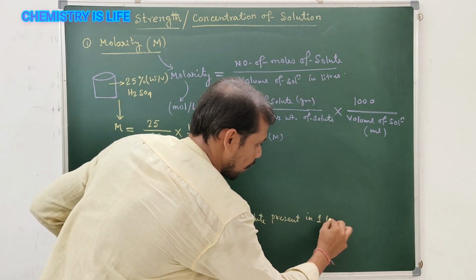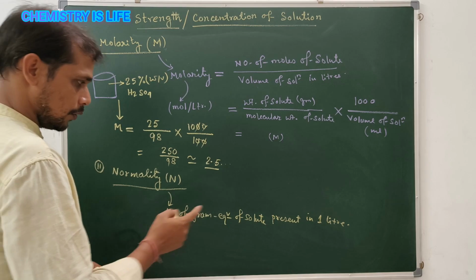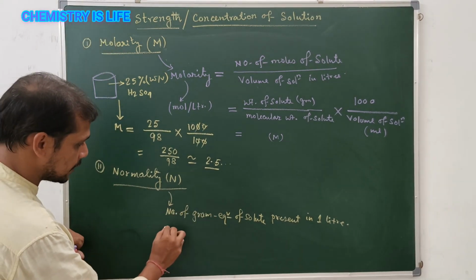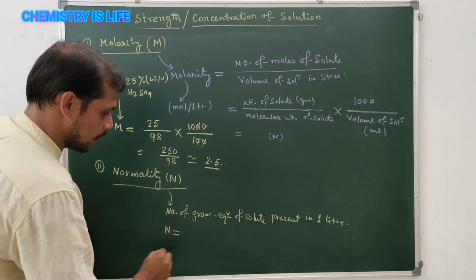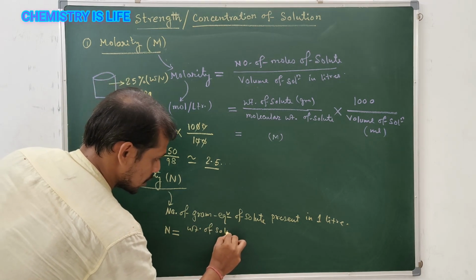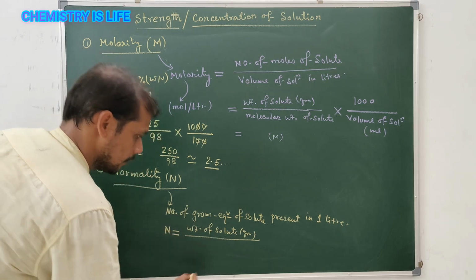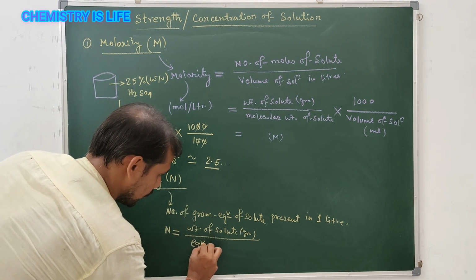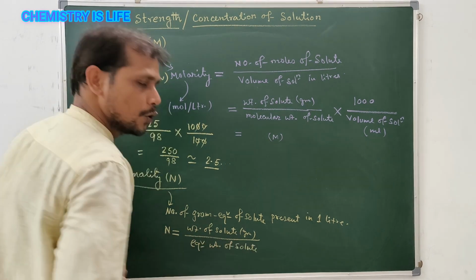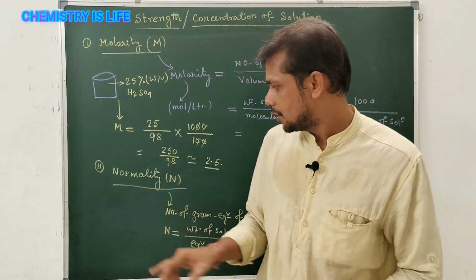So how will it be calculated? Normality has the formula of weight of solute or mass of solute in gram divided by equivalent weight of solute. Do you know how to calculate the equivalent weight of the solute?